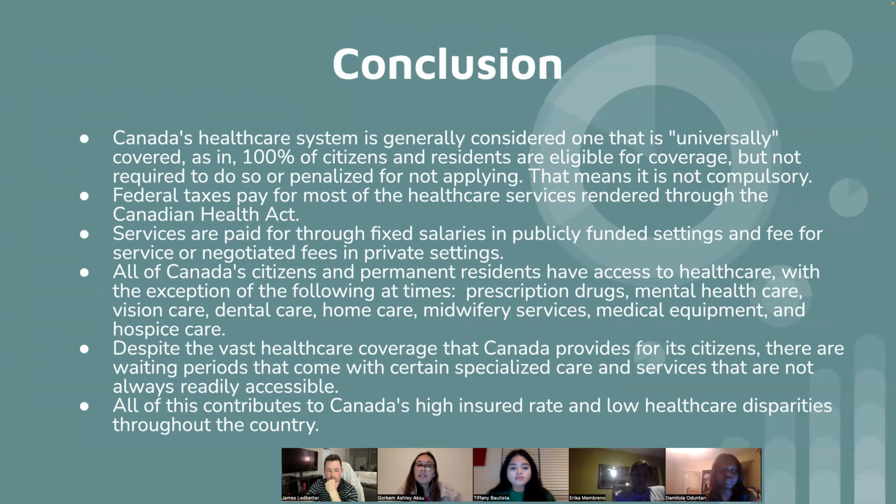The federal taxes pay for the services rendered through the Canadian Health Act, and they are paid through fixed salaries in publicly funded settings and fee-for-service or negotiated fees in private settings.